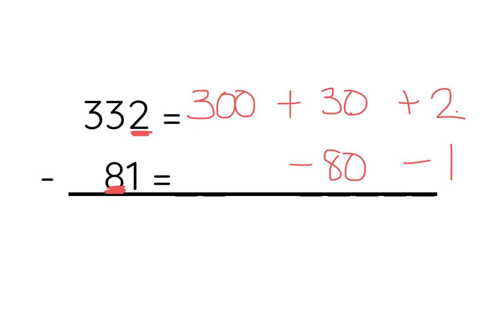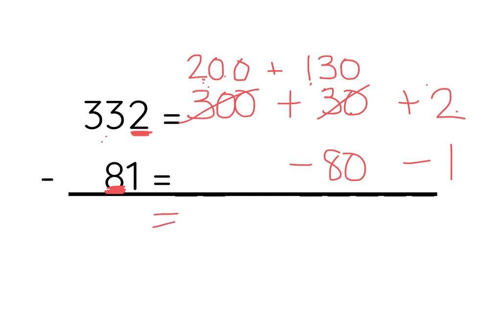But I don't have enough tens, so I'm going to regroup my 300 into a 200 plus the 100 there. So if I check out my value, I have 200 plus 130 plus 2 is equal to 332. I just needed to take a 100 away so I had enough tens.